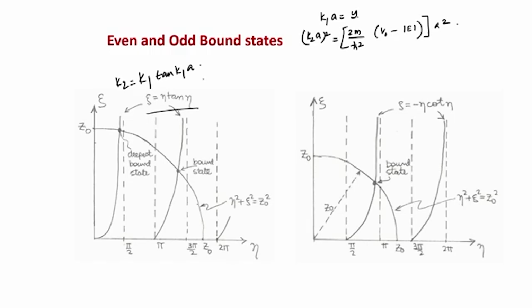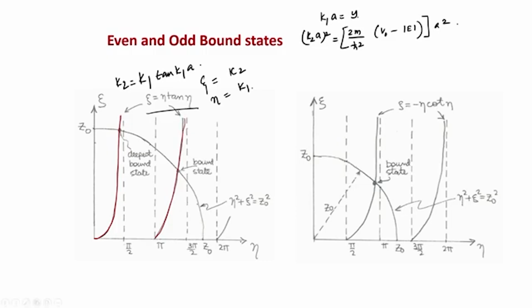So your xi is equal to k2 and eta is equal to k1, and a could have been taken as 1. If you plot this xi and eta tan eta, then these lines that you see here, let me redraw them, are the tan solutions.